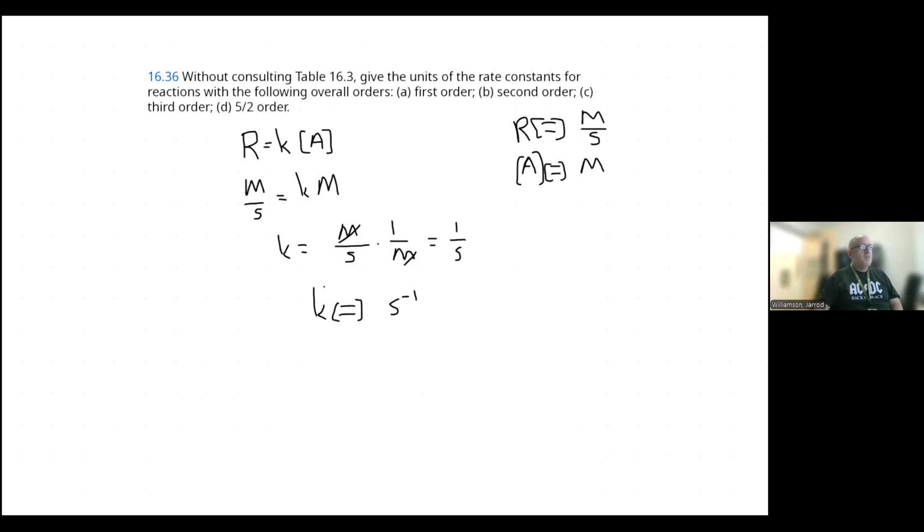Okay, that's something most people generally memorize. For first order overall, it's seconds to the -1, but okay.